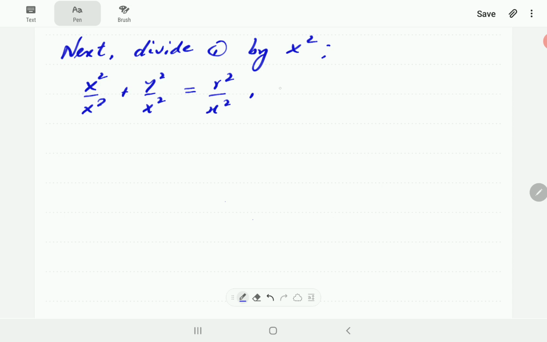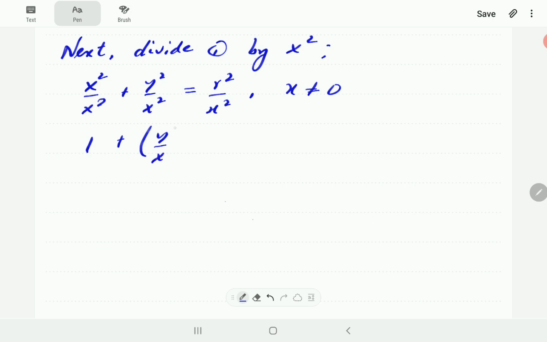This one is going to be true for so long as x is not equal to 0, because if x is equal to 0, then we're going to have a problem because we don't want to divide by 0. So long as x is not equal to 0, this one is going to be 1.